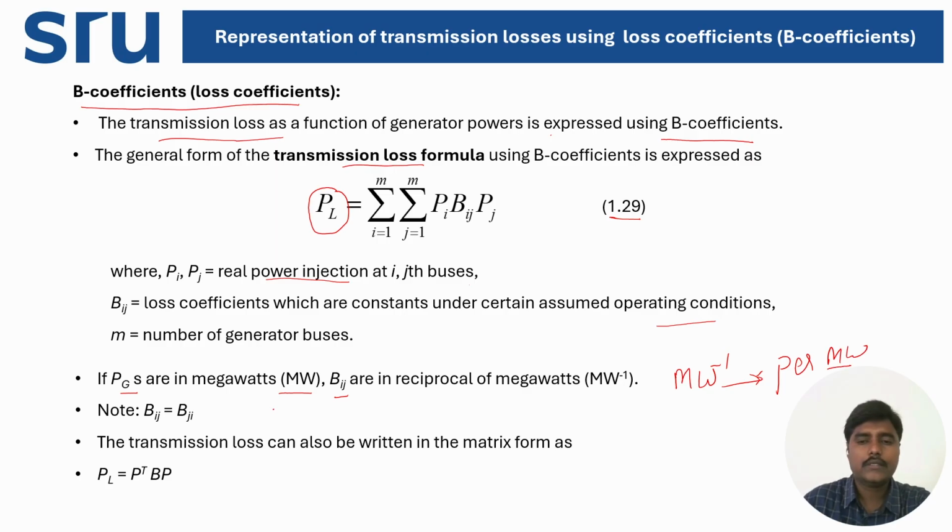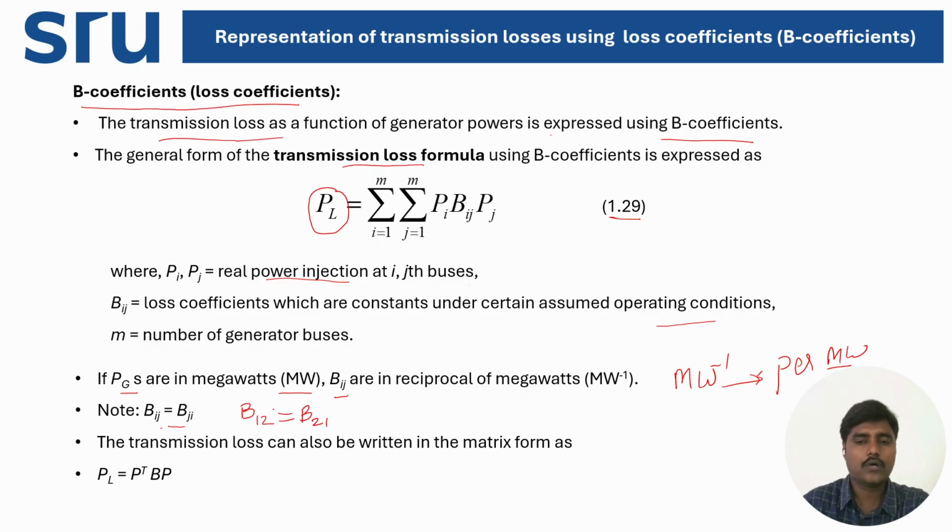Here, some important conclusion points we can see. Basically, the loss coefficient Bij is also equal to Bji. That means, if you represent B12, the loss coefficient between bus 1 and bus 2, it is the same as the loss coefficient from bus 2 to bus 1.